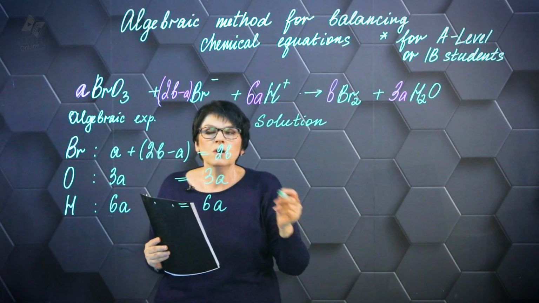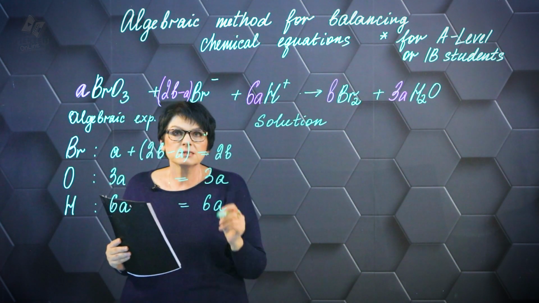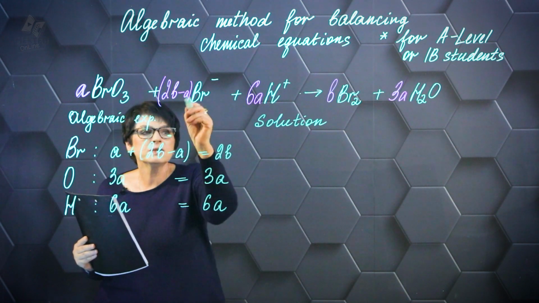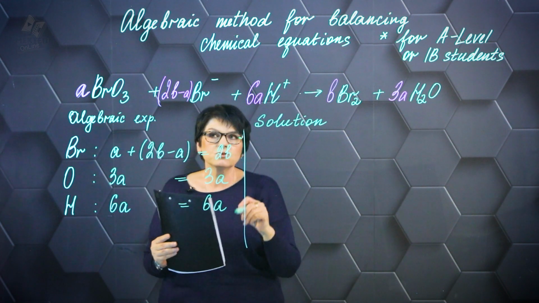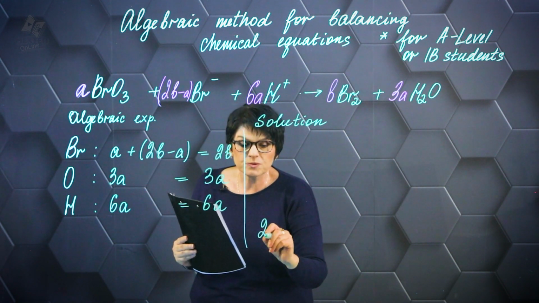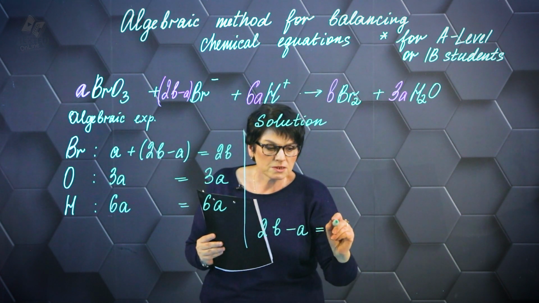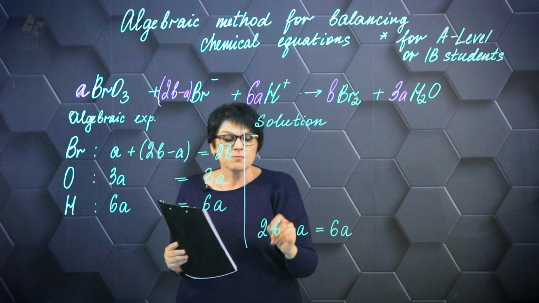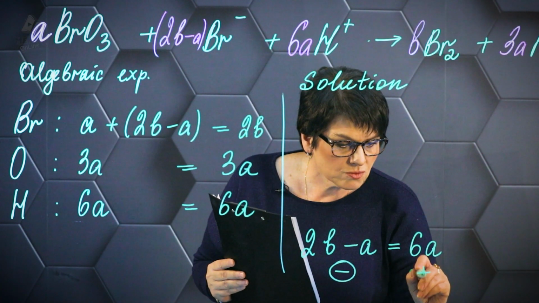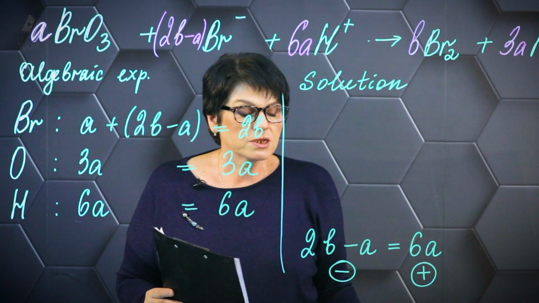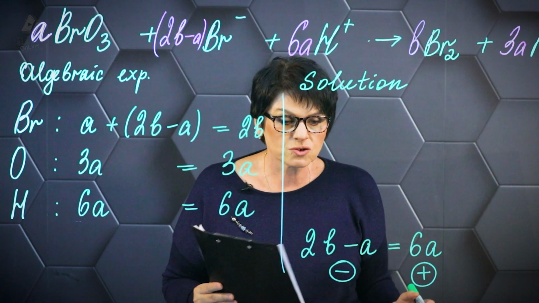There is a pattern that follows from here that the numbers obtained for the bromine ion and for the hydrogen ion must necessarily be equal. So it turns out that 2B minus A must equal 6A, because as many minus charges as plus charges, because there is a rule of conservation of charges, so you must have a total of 0.